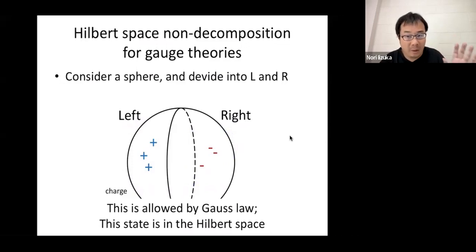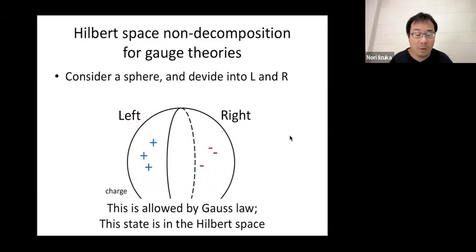But here, whenever you have +3 charge in the left region, you are forced to have -3 charge in the right region. So the left state and right state, even if you can define them, are not independently included in the Hilbert space.